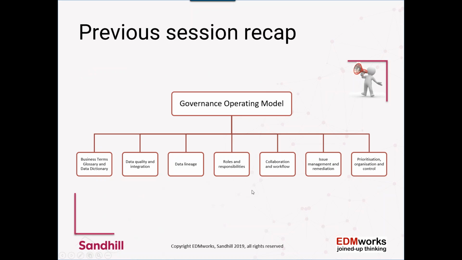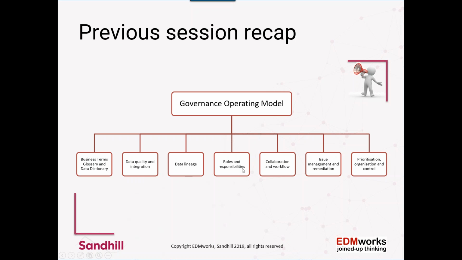And in order to have good managed data, just like Dennis was saying, for a good governance operating model we need an understanding of the business terms and the glossary of items, and the data dictionary, meaning the underlying technical data and its definition. We also need to build in quality, and the integrations and mappings, so that we can understand the data lineage.